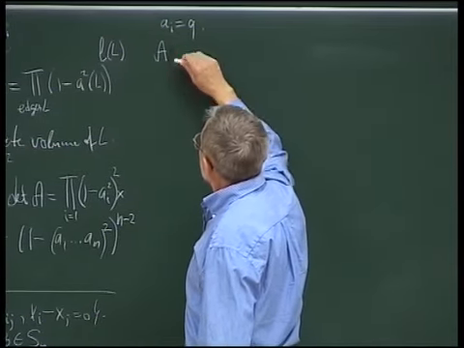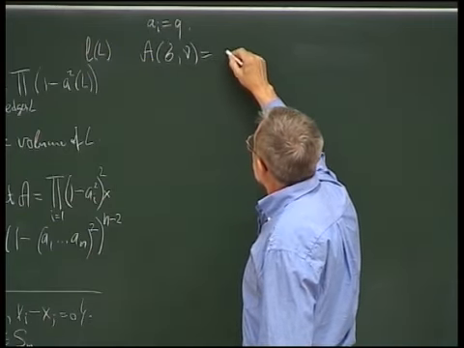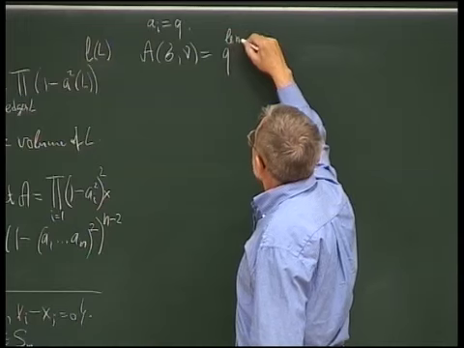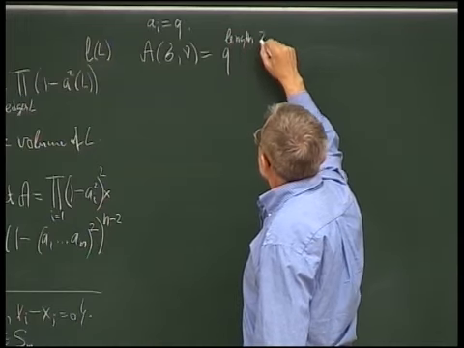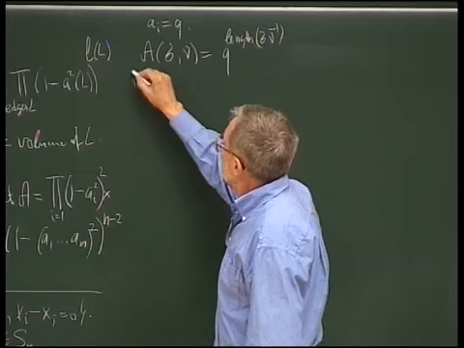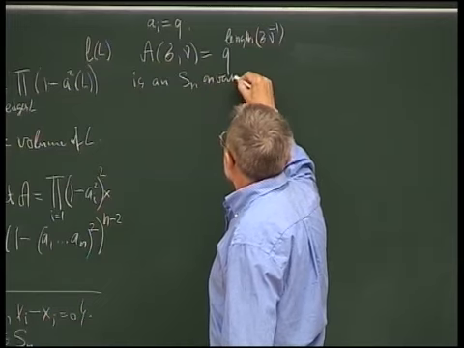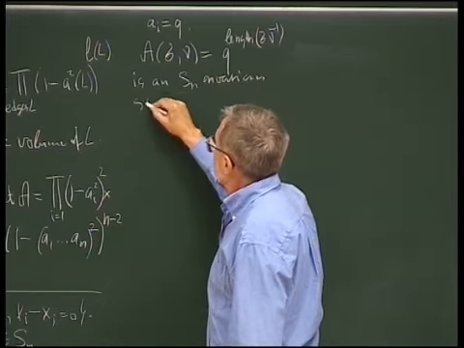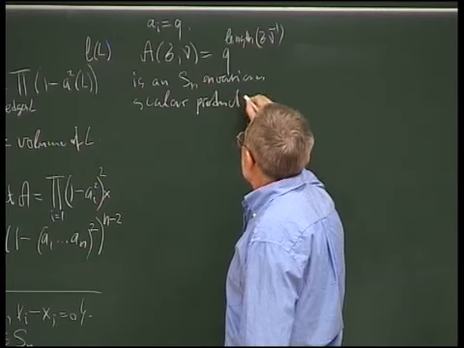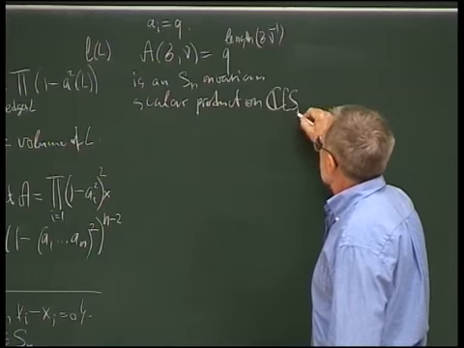You take two permutations, and this is equal to q to the power length of sigma nu inverse. And this is an invariant scalar product on this group algebra.